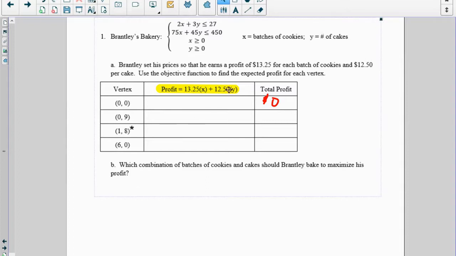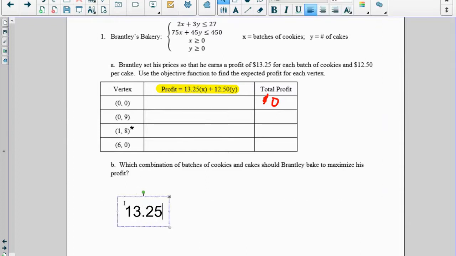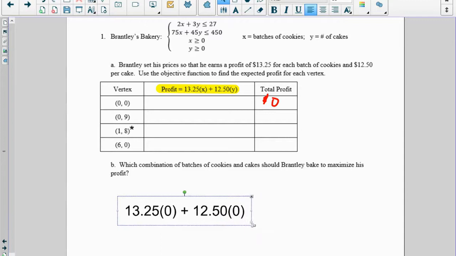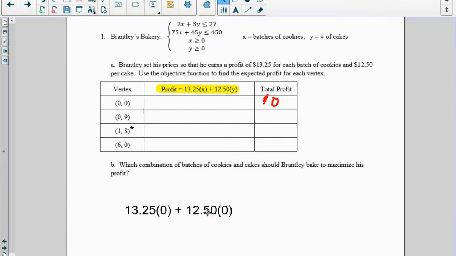We're going to take this objective function, 13.25 times x plus 12.50 times y, to give us the total profit. So we replace x with 0 and y with 0, 0 batches of cookies and 0 cakes. And when we calculate that, of course, we get a total profit of $0.